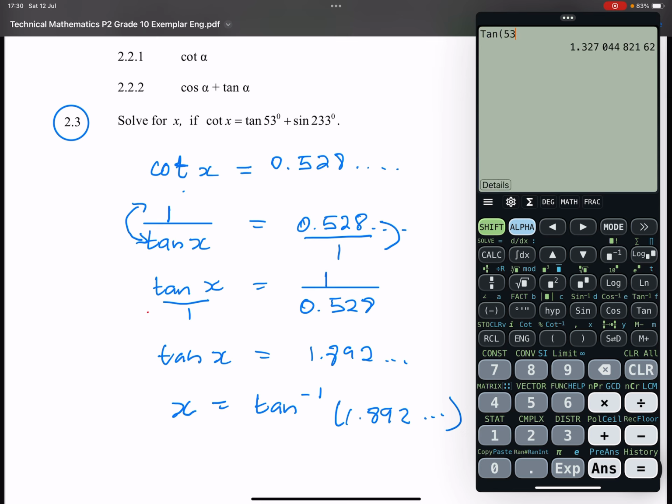Sorry about that, guys. So that's 1053 plus sine 233. I don't know why I keep pressing that entire thing. And then we found the inverse of that answer. Yeah, that's that answer. So now we're saying shift the tan of this answer.